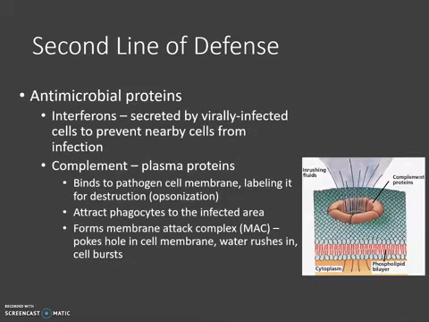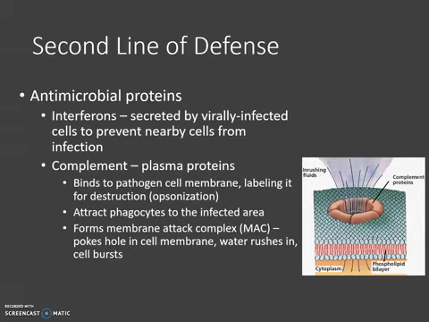There are also antimicrobial proteins that are found circulating in the blood and the other body fluids as well. So one type of antimicrobial protein is called an interferon. And when a cell is infected by a virus, it releases interferons, and it doesn't help the cell that's already infected, but it can block binding sites on the neighboring cells to keep them from being infected by the virus.